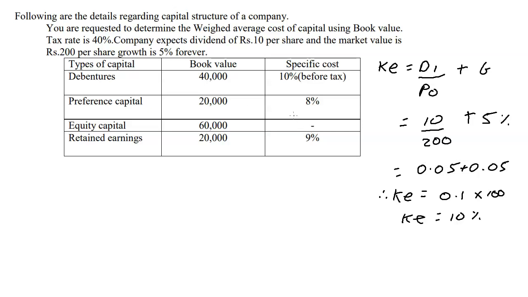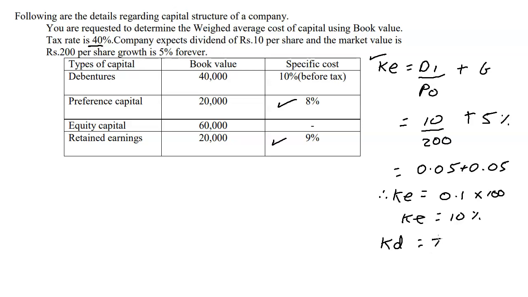Now, I have preference share and retained earnings cost of capital given to me. KE I have just calculated. As far as KD is concerned, you always have to check whether it is after tax or before tax. If they don't say anything, we normally assume it is before tax, because they will also give us the tax rate of 40%.